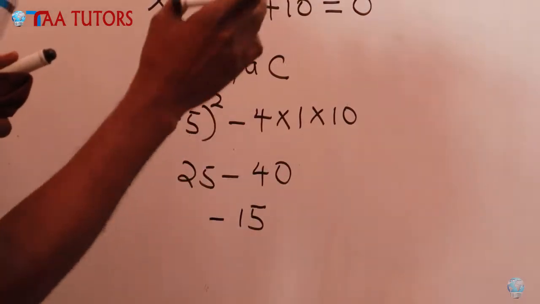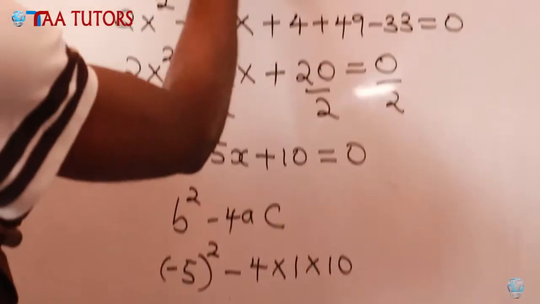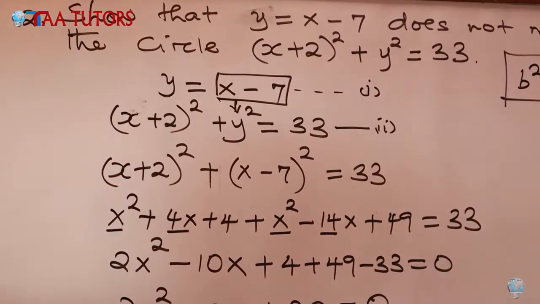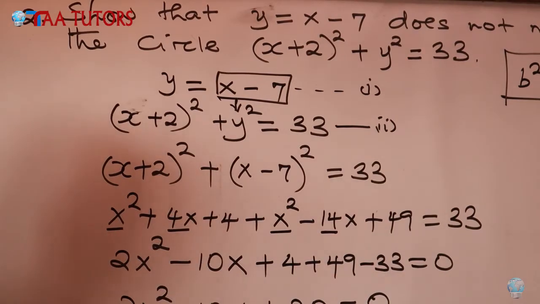And I said that if the discriminant is less than 0, then it means that this line y equals x minus 7 doesn't intersect or doesn't meet that equation. It means that we don't have real values because we cannot get the square root of negative 15.